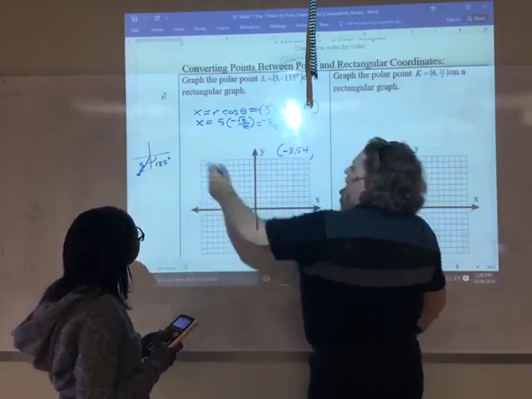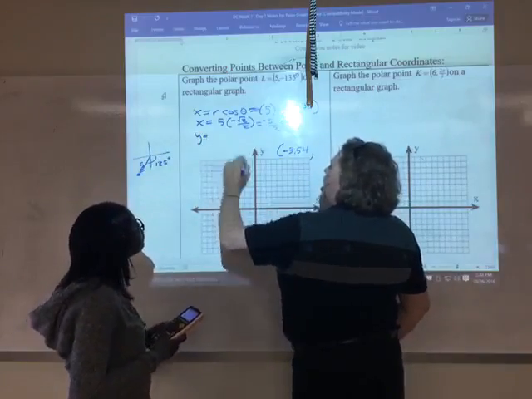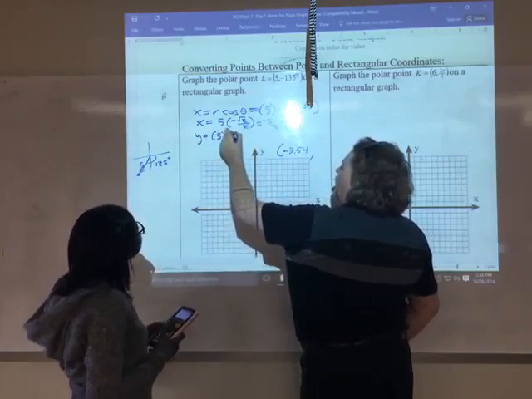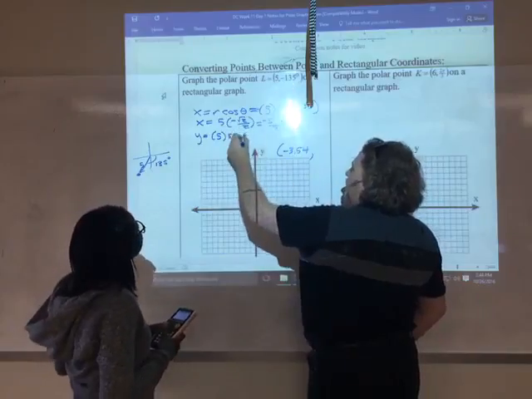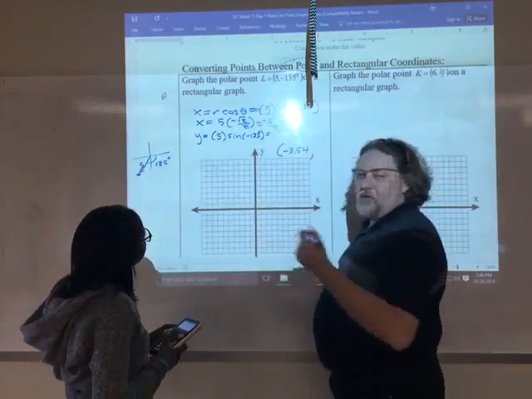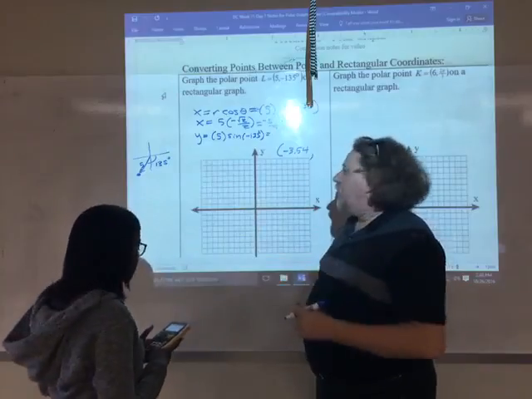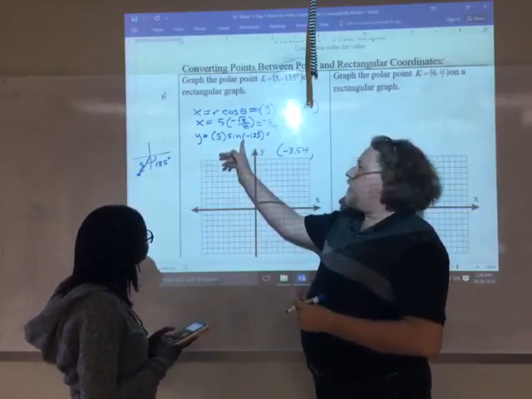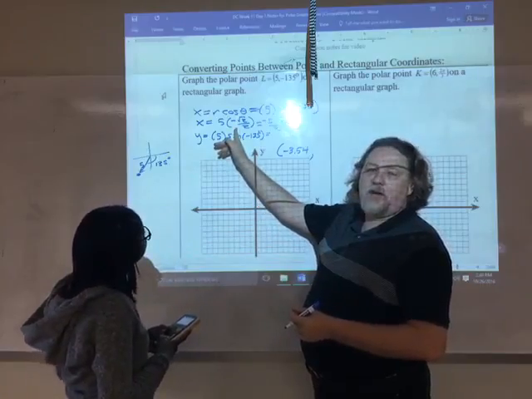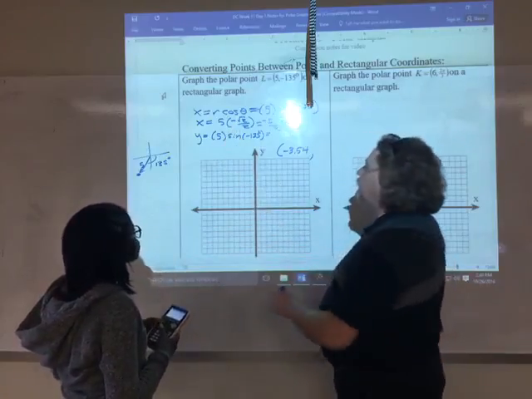Now we go for y. y is r times the sine of theta. The radius is still 5, times the sine of the angle, still negative 135. Again, I happen to have memorized the unit circle, so I know that the sine of negative 135 is the same as the cosine of negative 135. It's negative square root of 2 over 2.